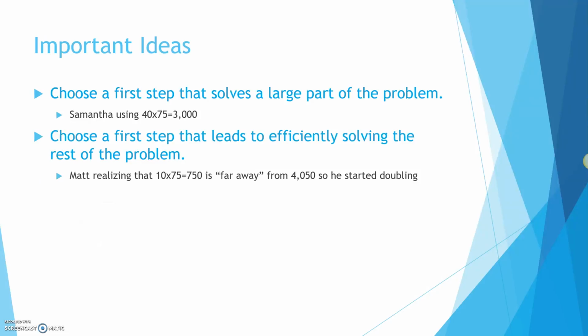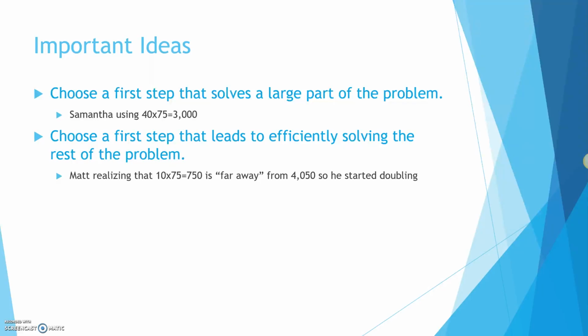When you're trying to solve division problems, there are a couple of things to try to keep in mind. First, you want to find a step that solves a large part of the problem. So just like Samantha did when she used 40 times 75 equals 3,000, it made it a lot easier for her to have a jumping off spot to solve the rest of the problem.